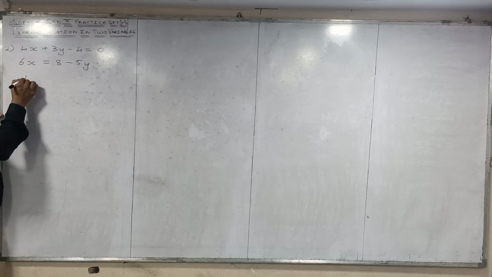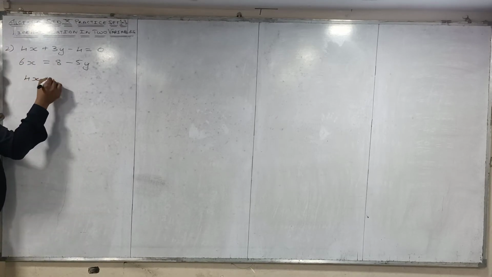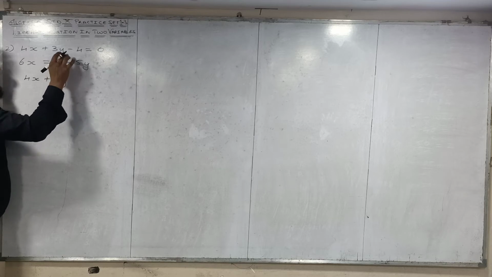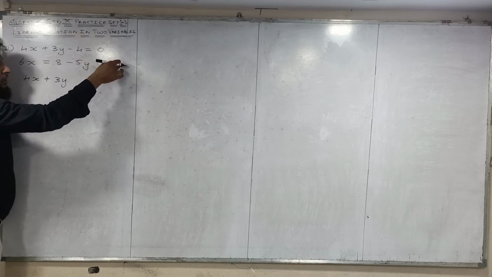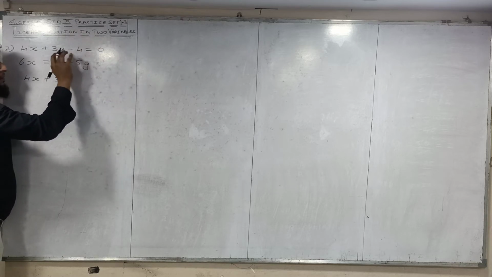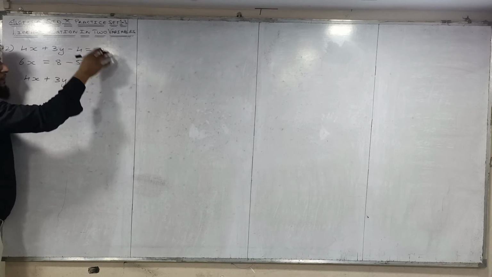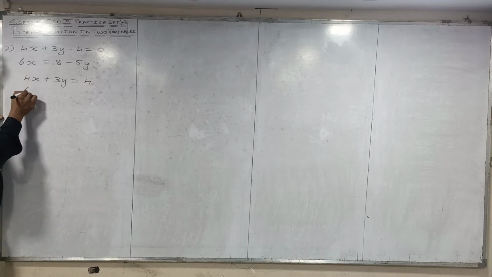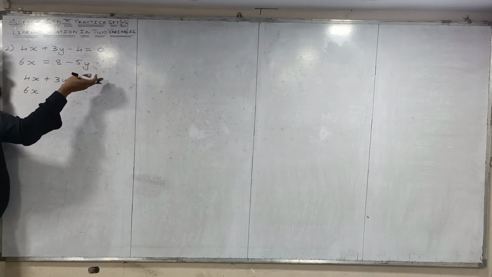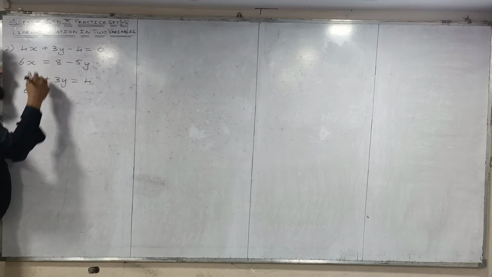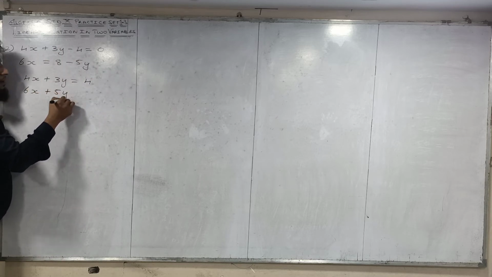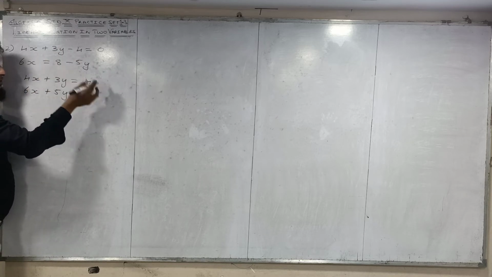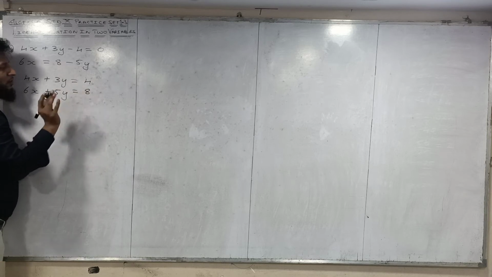So see, 4x as it is plus 3y as it is, minus 4 will go to the right hand side. Equal to sign, this is left, this is right. So from left to right, minus will become plus. So plus 4. In this equation, 6x as it is, minus 5y from right hand side to left hand side will become plus 5y, and 8 is on the right hand side only, so equal to 8.